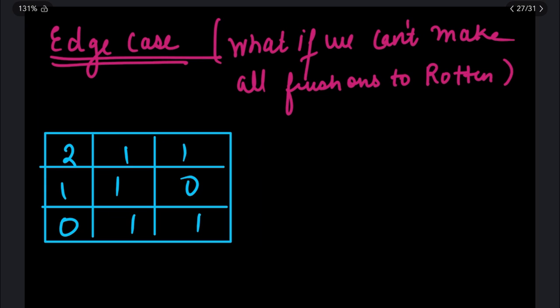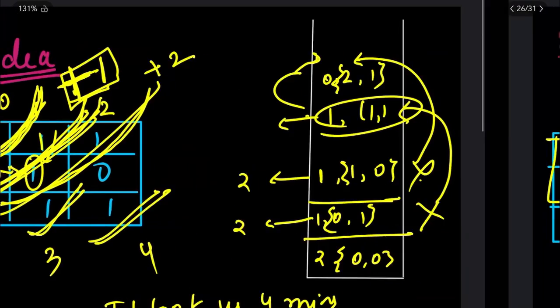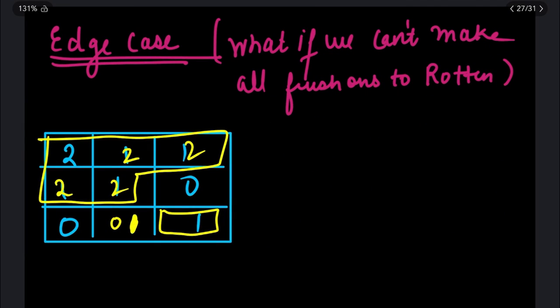Now let's come to the edge case. What if we can't make all fresh ones rotten? As I already told you, what if we had an empty cell here, and we could not connect this one to this component after these all become rotten?